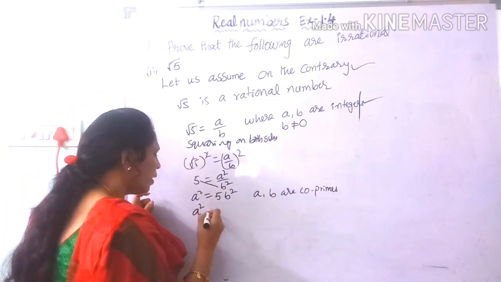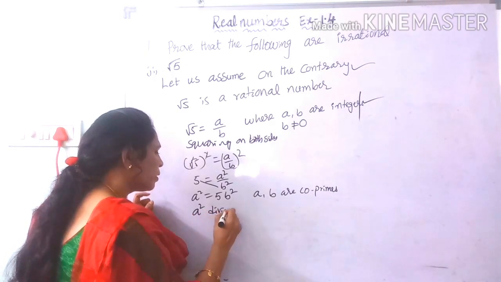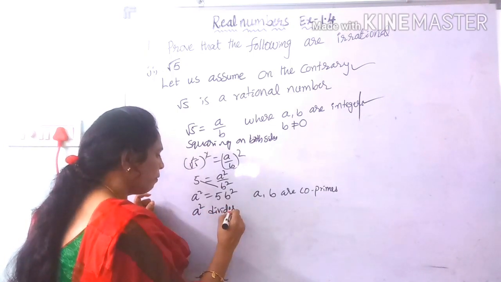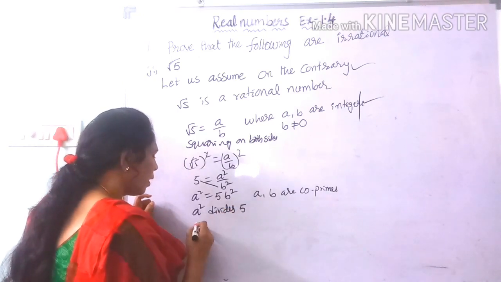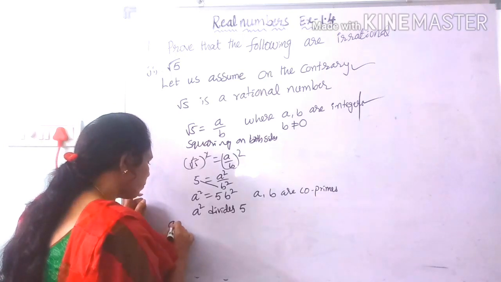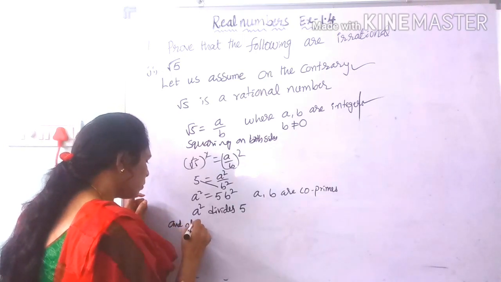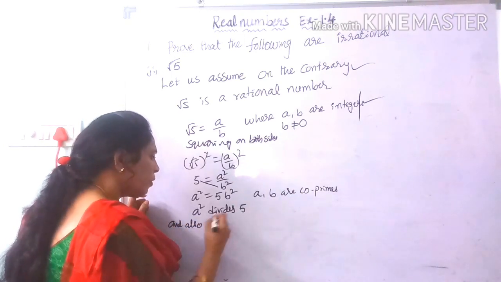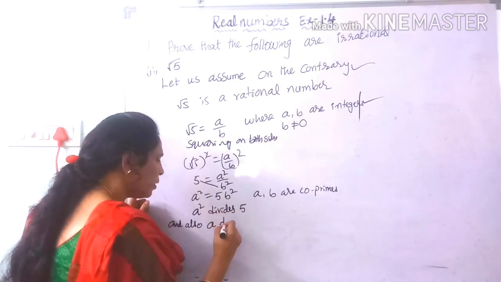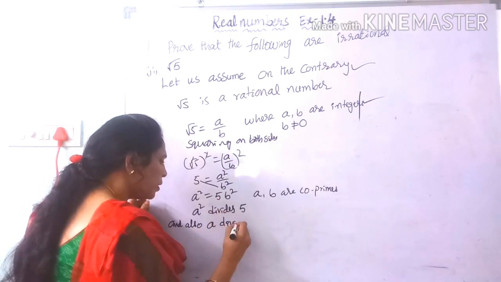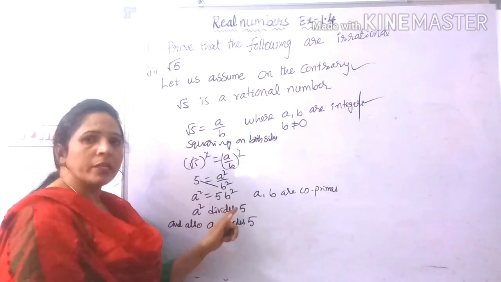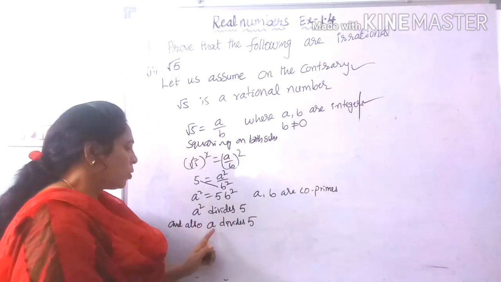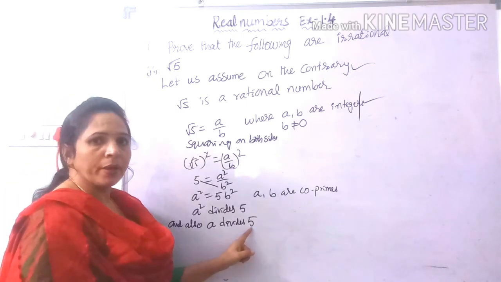So a square divides 5, and if a square divides 5, then a divides 5. So both a square divides 5 and also a divides 5.